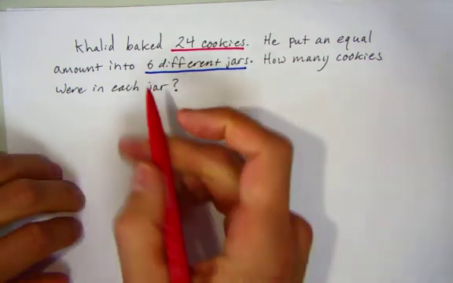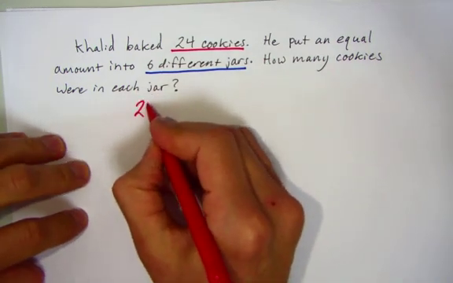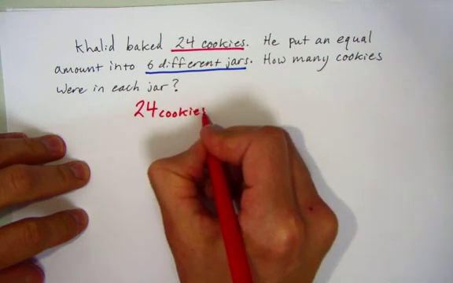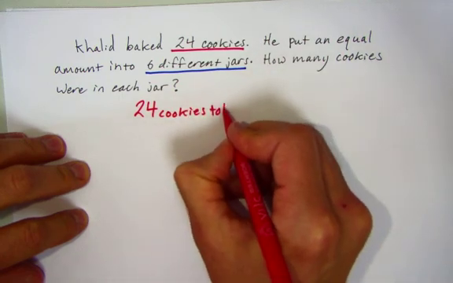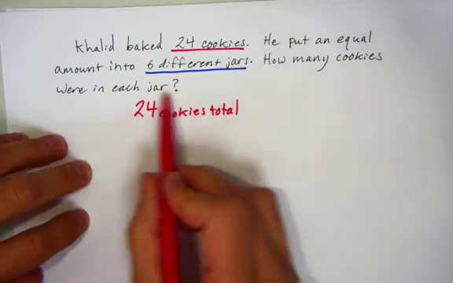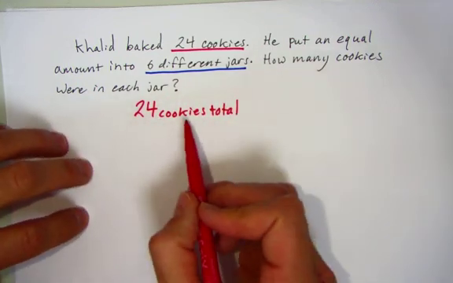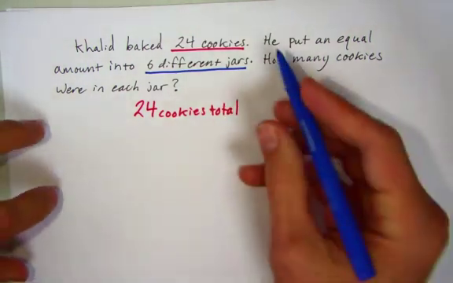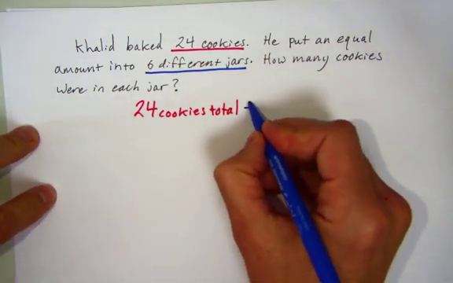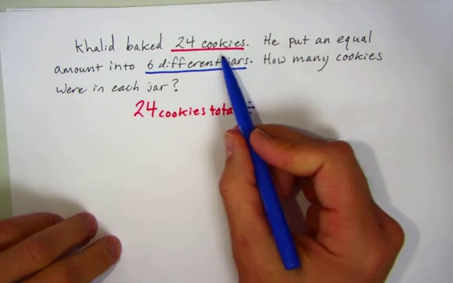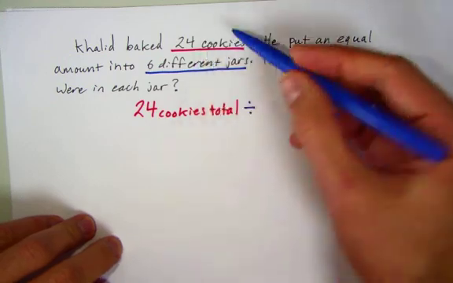So Khaled starts off with 24 cookies, and I always like to put total, because we always start with a total amount in a division problem, and then we split it into different parts. 24 cookies total divided by, well, what are we doing with the cookies?